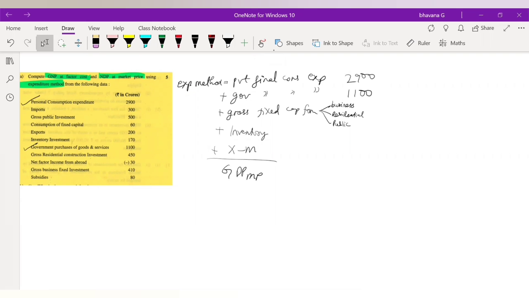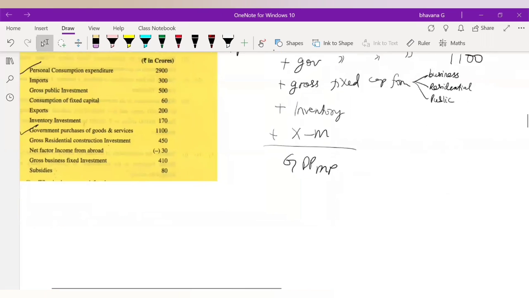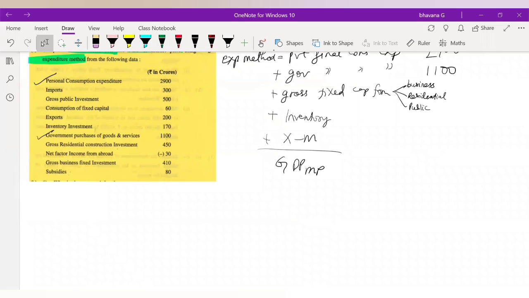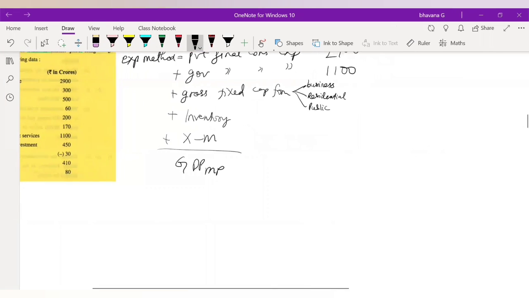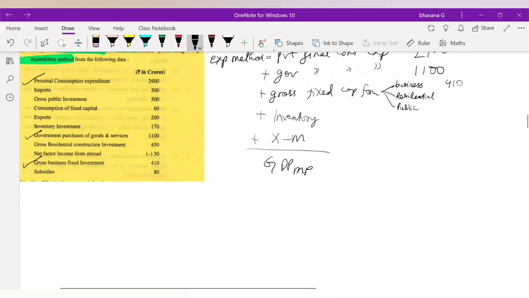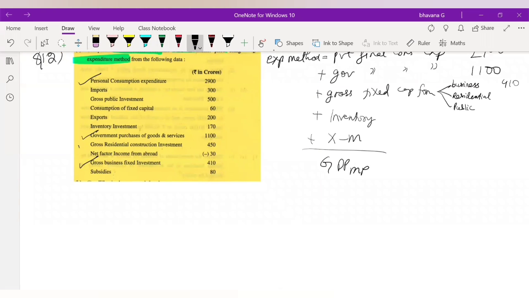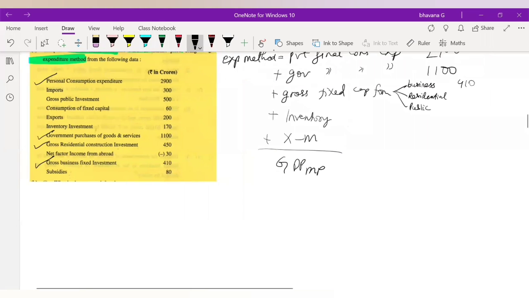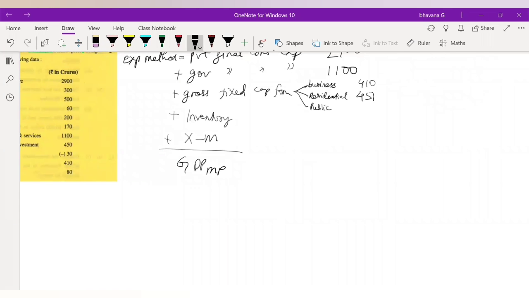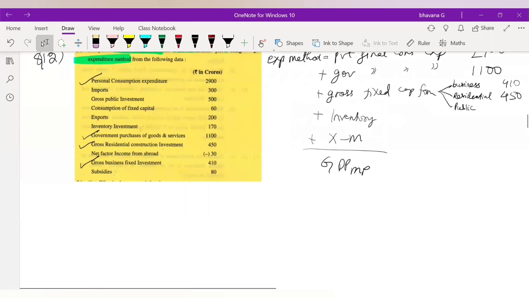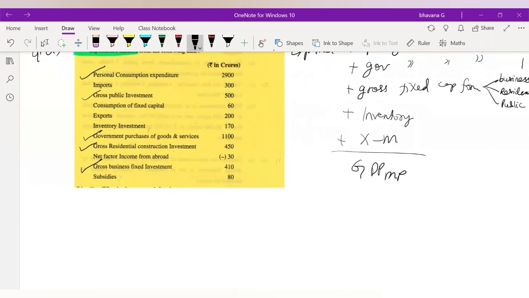So here in the question they have given you for business. See, gross business fixed investment they have given you, it is nothing but 410. Then they have given you for residential, here they have given you gross residential construction investment, which is 450. And then they have given you public also, gross public investment.